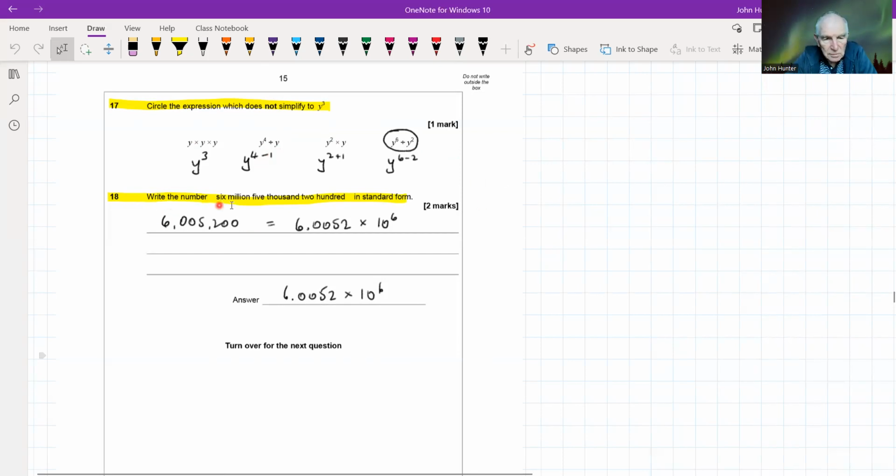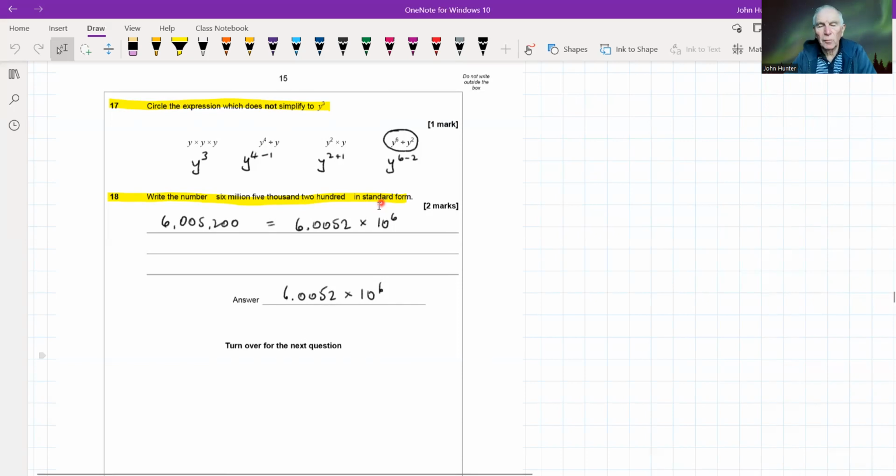Write the number 6,005,200 in standard form. Well, you need to just go through this when you see a narrative form of a number, and just pick out the numbers and write them out here like this: 6,005,200. But then it says in standard form.